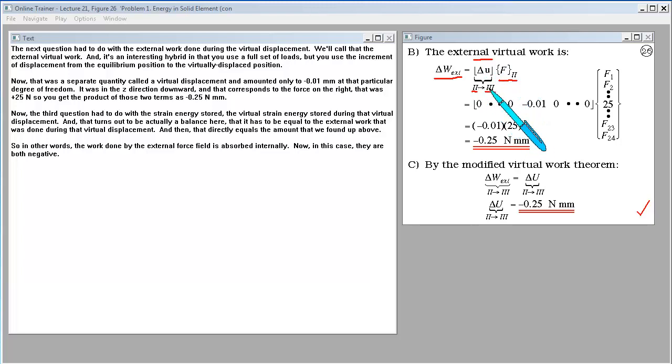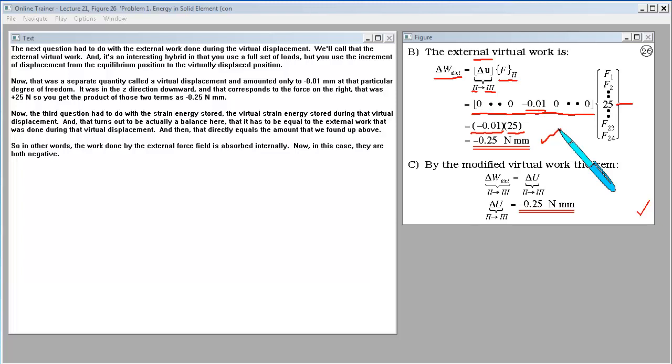Now that was a separate quantity called a virtual displacement and amounted only to minus 0.01 millimeters at that particular degree of freedom. It was in the z direction downward, and that corresponds to the force on the right that was plus 25 newtons. So you get the product of those two terms is minus 0.25 Newton millimeters.